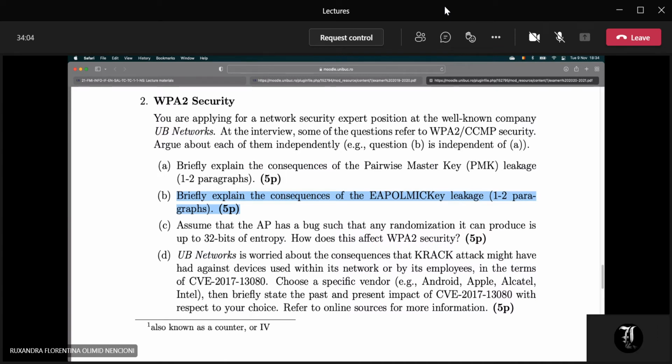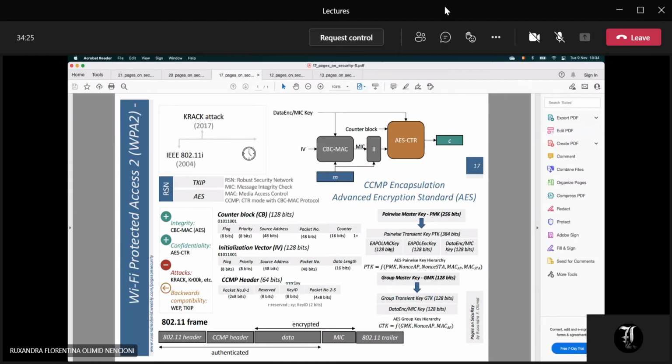It's about WPA2 CCMP. Yes, so everything here is referring to WPA2 CCMP. But now, compared to what we had before, we only consider that this key here is leaked. So we don't leak the PMK, we just leak this one.